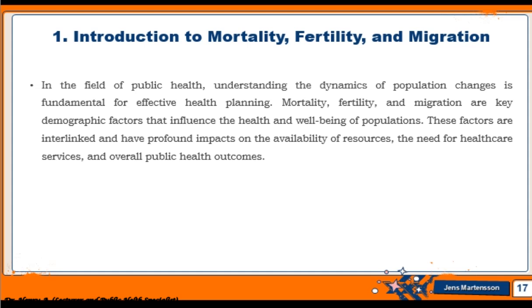For instance, if a population experiences high fertility rates coupled with high mortality rates, the emphasis may be placed on reducing maternal and child mortality and improving healthcare access. In contrast, populations with low fertility and low mortality might focus on managing chronic diseases in the aging population. Now, what are we seeing here?